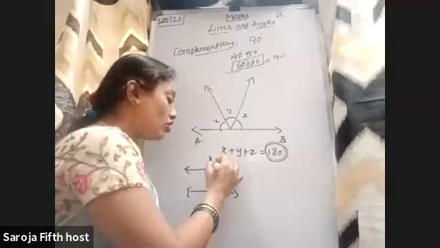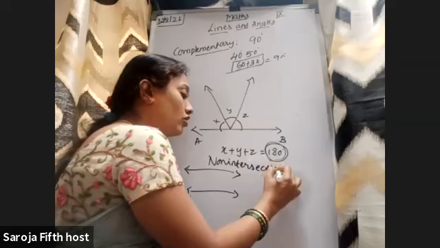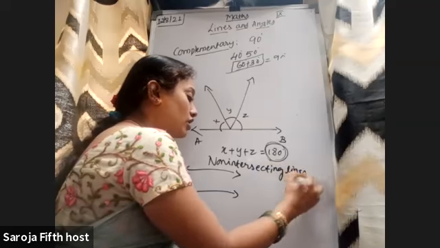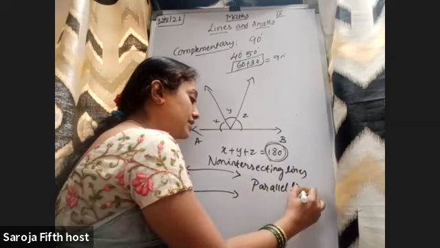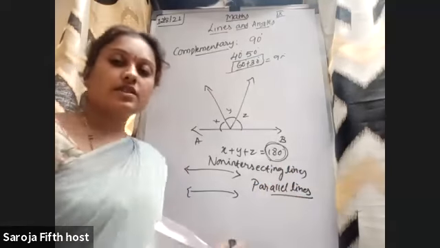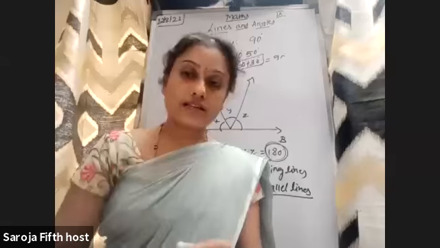Non-intersecting lines we call parallel lines. Is it clear? These are your non-intersecting lines. Can you see? They are parallel lines.